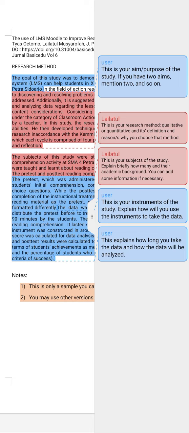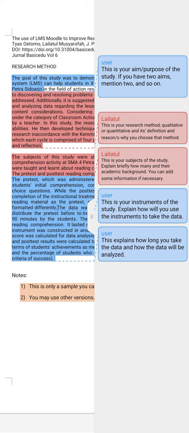I think you do not need to use classroom action research because CAR is generally used by the teacher. Later, you will be using it when you are teachers.